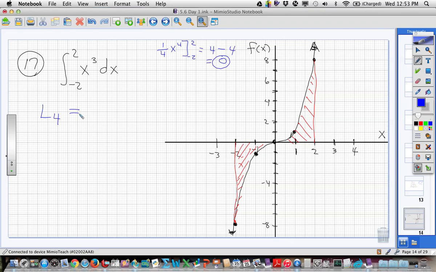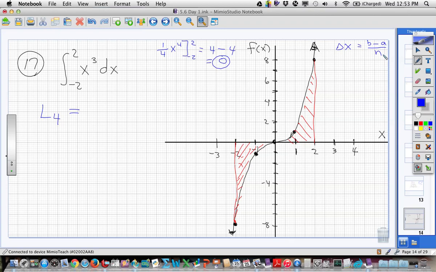4 left rectangles. All right, now earlier you guys were telling me we were talking about the width, right? And in general, this is our formula for width. Delta x is what we're going to use for our width because that stands for change in x. If you think about rise over run, delta y over delta x, the run is the change in x. So that's what we're going to call our width, delta x. And that is b minus a divided by n. In other words, it's your total width divided by the number of subdivisions.